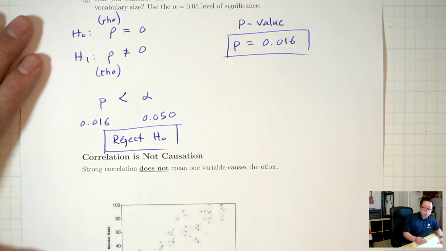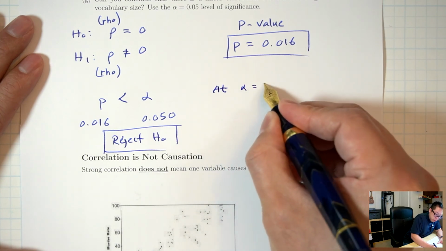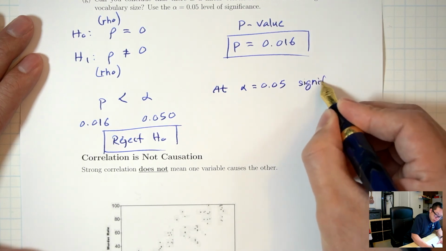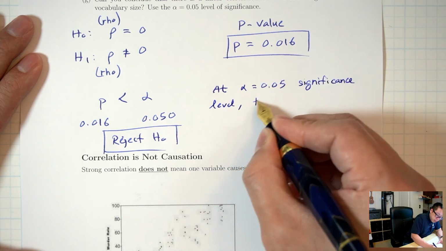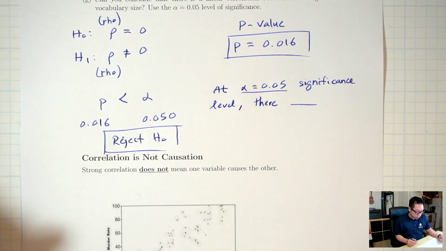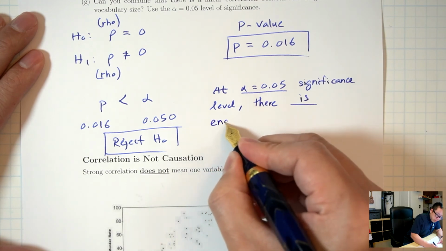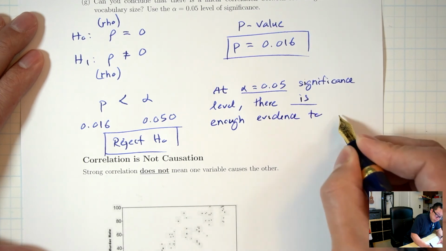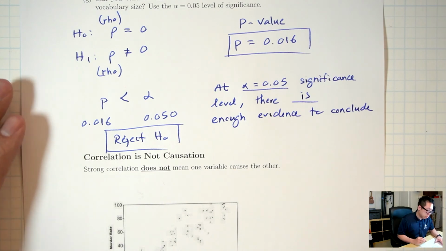And then finally, our sentence. State your significance level at alpha equals 0.05. There is or is not enough evidence? Because we did reject, there is enough evidence to conclude what?